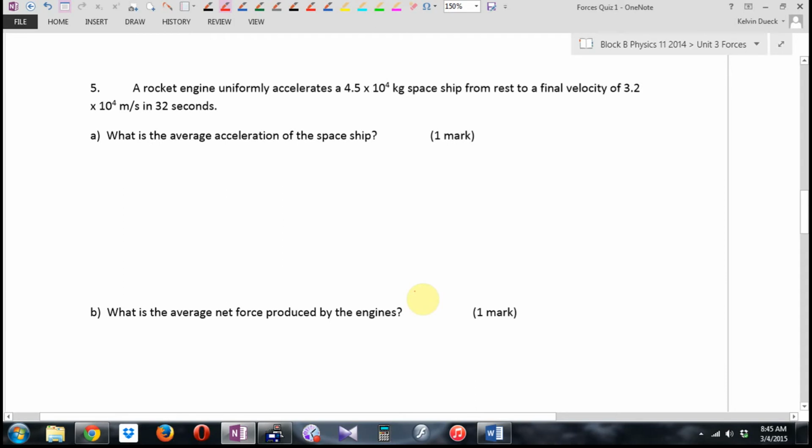So it says, A: what's the average acceleration? I now have several ways to find acceleration. I have all the stuff from Unit 1, whatever had an A in it, Noah. But this unit, I also have this notion.